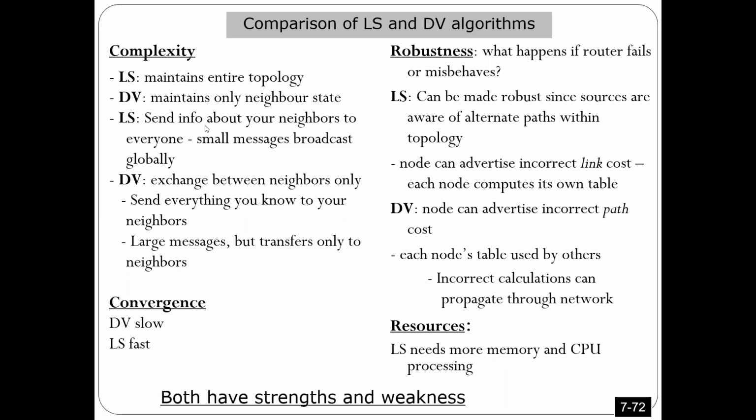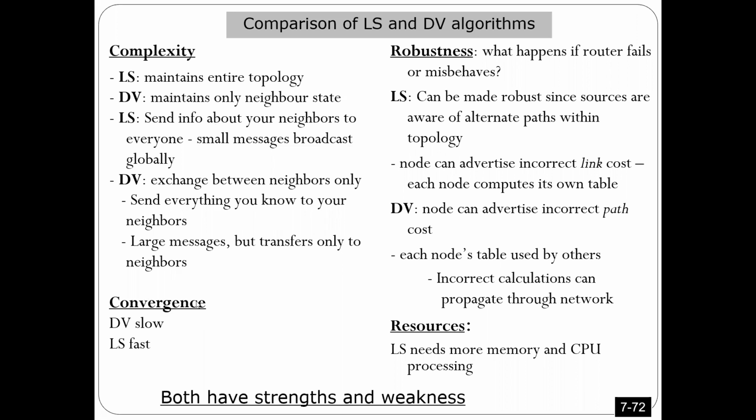Here in LS, you send information about your neighbors to everybody. So you have a small message, but you have to broadcast to everybody. In DV, you have to transmit everything you know, but you have to transmit only to your neighbors. Here you have to transmit to everybody.